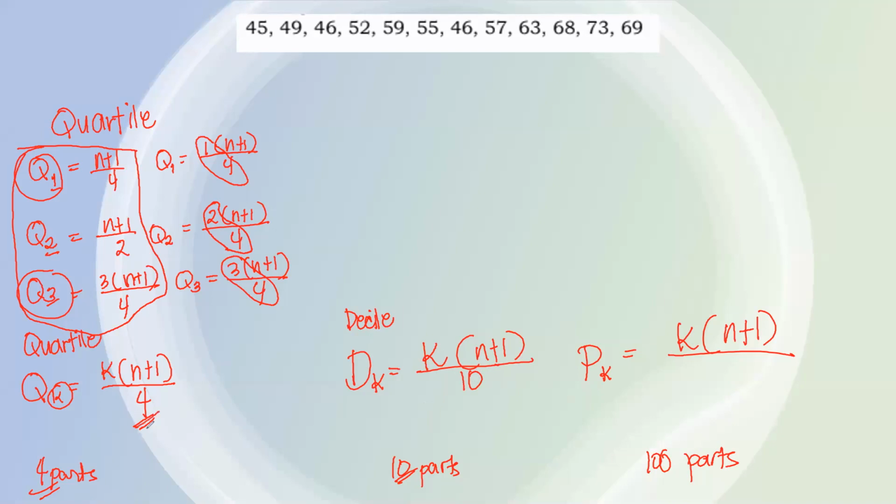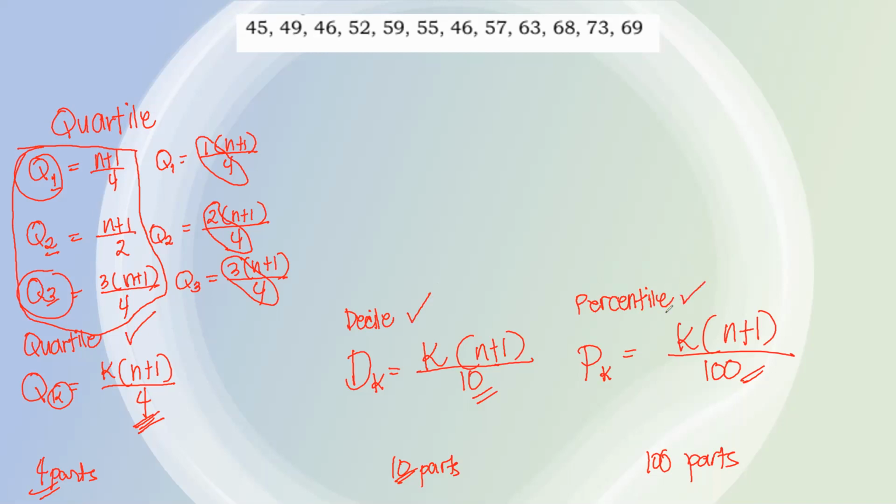Kung ito, quartile, 4. Kung ito, decile, 10. Siyempre, yung percentile natin is 100. Kasi remember, si percentile, siya ay hati into 100 parts. Okay? So we have quartile, we have decile, and we have percentile.